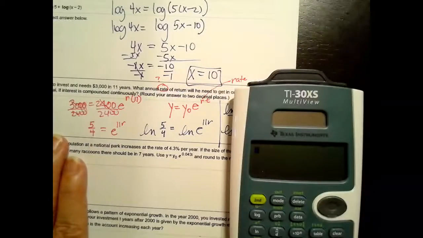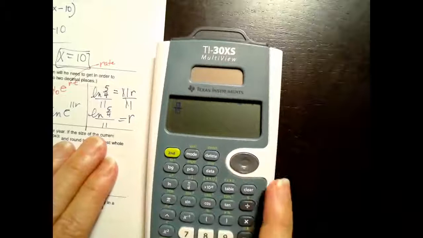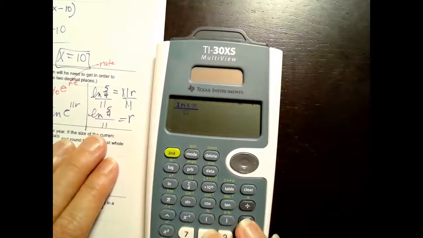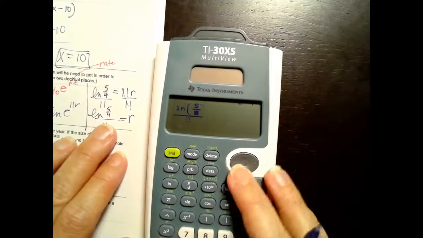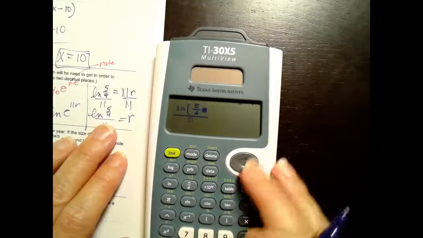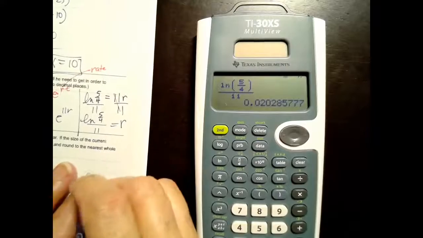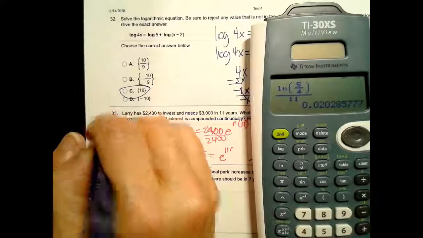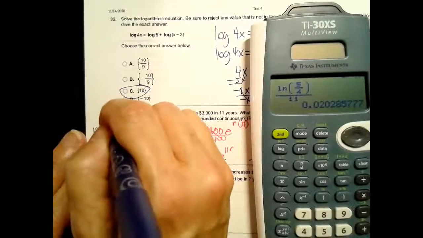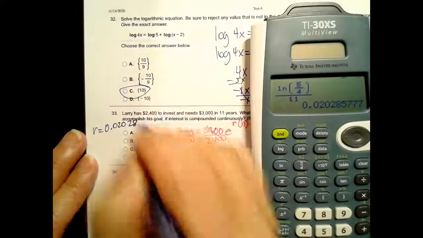So if you take your calculator and you get your natural log, you need a fraction right there, it's 5 over 4, close your parentheses, go down, divided by 11, hit enter, you get r is equal to 0.02028.